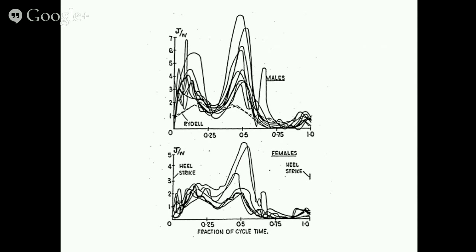And you can see Rydell predicted 1, 1.5, 2 body weights on the hip. And you might, if you're not biomechanically familiar, assume that there was about a body weight on the hip.